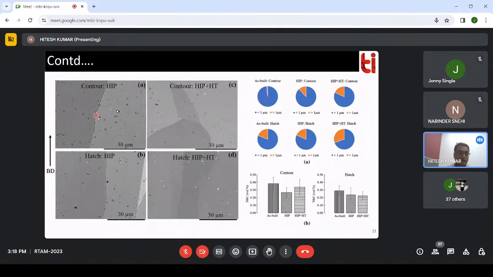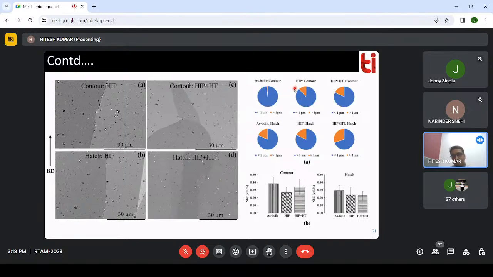First we can see how many precipitates there are in the build direction. What we observed in the contour direction is that precipitates are there, but the size of the precipitates is very small, less than 1 micron.